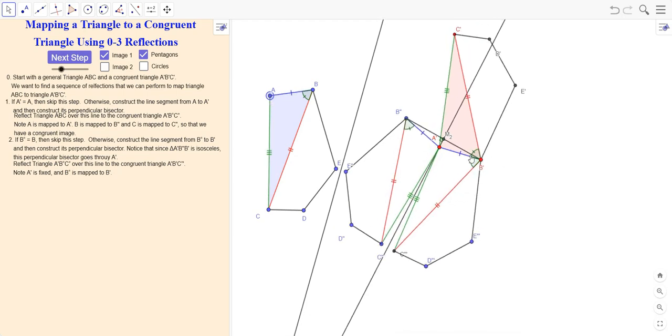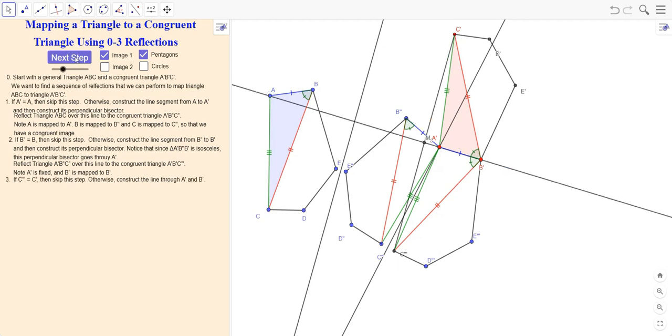Okay, now we do our next reflection. If C triple prime is not the same as C prime, reflect over... well, you can call this line two different ways. You can say it's the line that contains A prime and B prime, or it's the perpendicular bisector of the line segment containing C triple prime and the original C prime image up here.